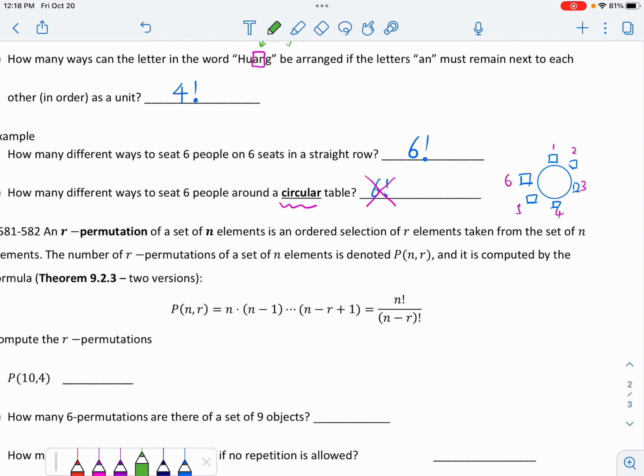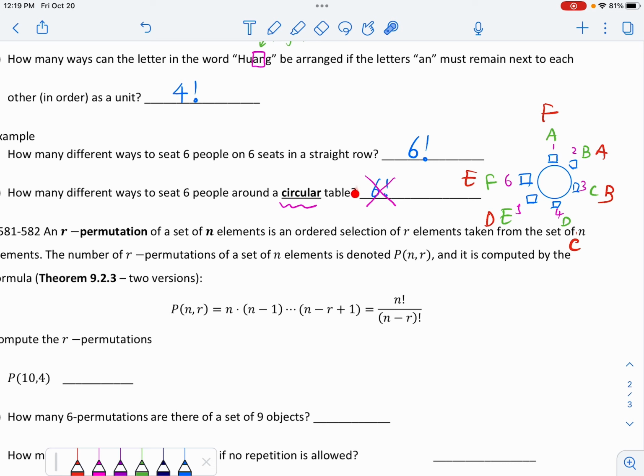Now, say we have 6 people, A, B, C, D, E, F. If you arrange it this way and arrange it this way, the green seating arrangement and the red seating arrangement, obviously A has taken different seats now, but in this case, they will be considered the same seating, because A's neighbor in the red seating is the same as A's neighbor in the green seating.